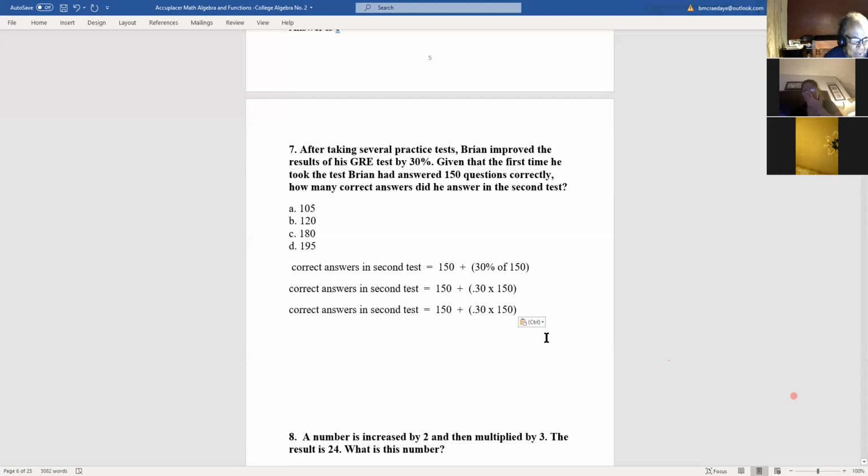Well, no, that's too small. Remember, that's about a third of 150, so it's got to be a bigger number than that. So you have 150 times 0.30.